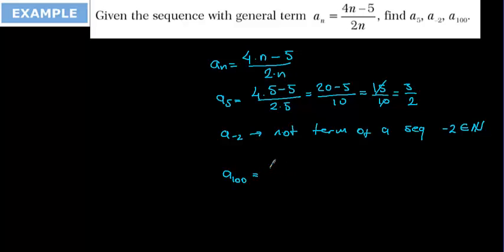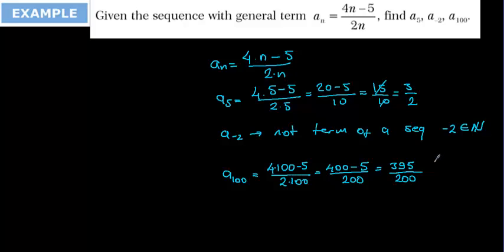So a100 is going to be equal to (4 times 100 minus 5) over (2 times 100), and it is going to be equal to 4 times 100 is 400 minus 5 over 200, which is 395 over 200, and we can simplify by 5 up and down.